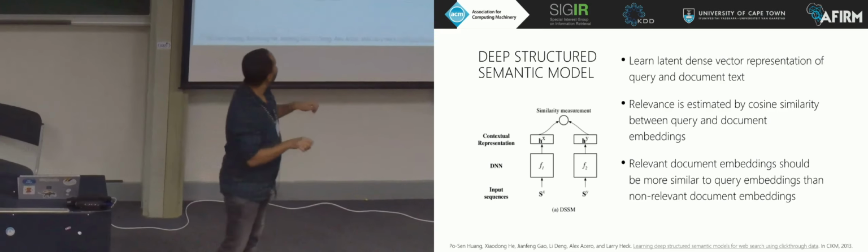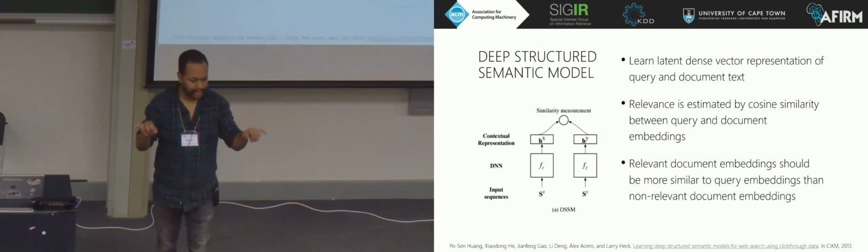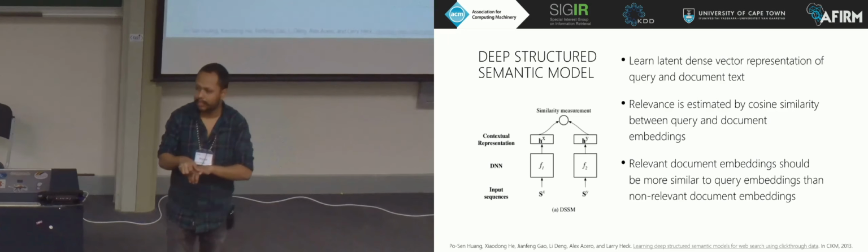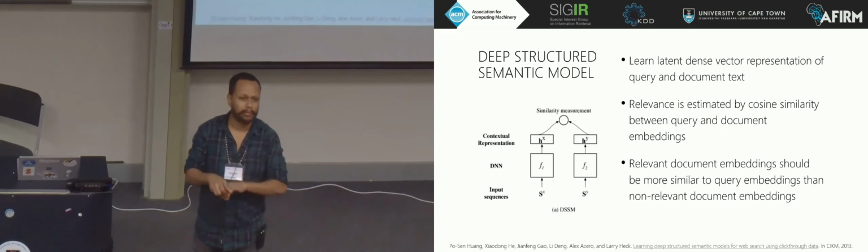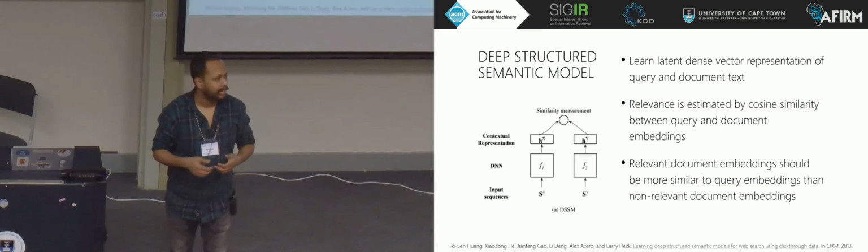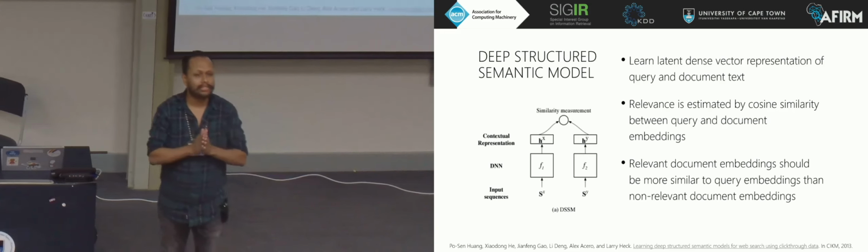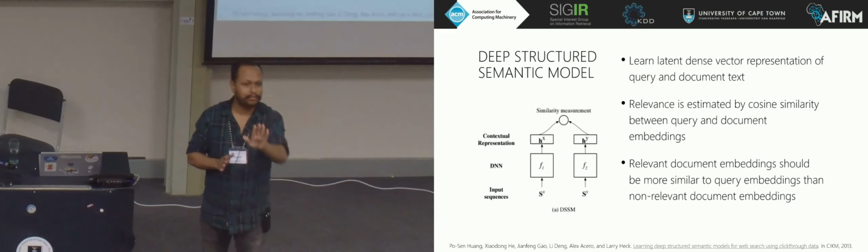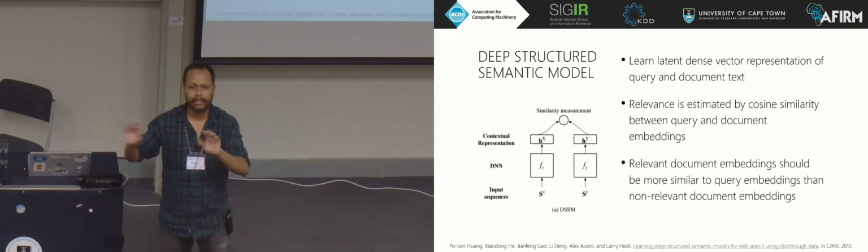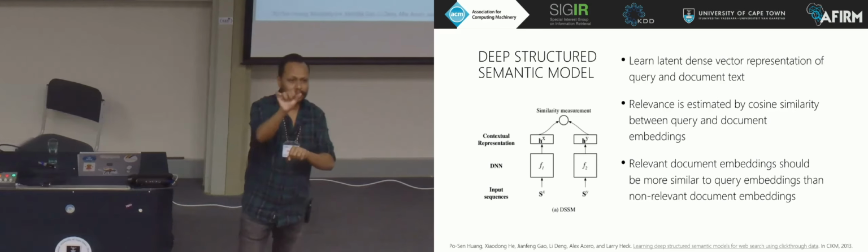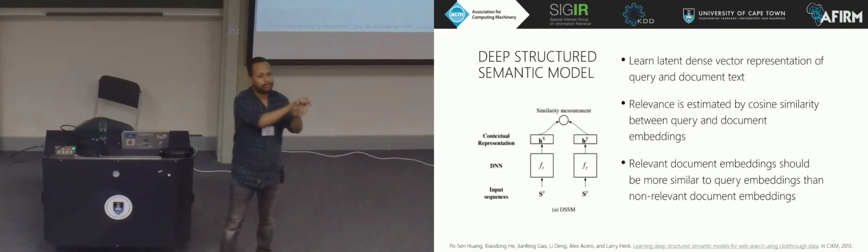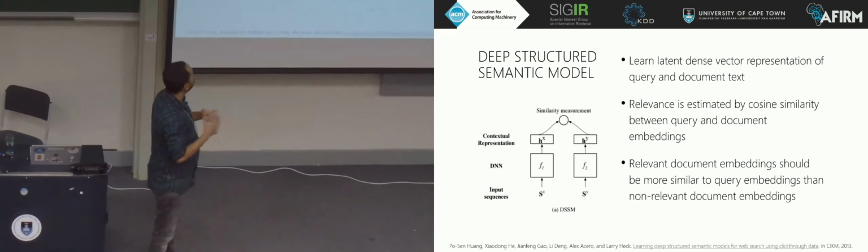Then given these two dense vector representations, you can compute some similarity measure between the query and the document. A simple choice could be cosine similarity or a dot product. Your goal is that given a query, a relevant document, and a non-relevant document, the vector representation of the relevant document should be more similar to the query vector than the representation of the non-relevant document. That's the basic idea.